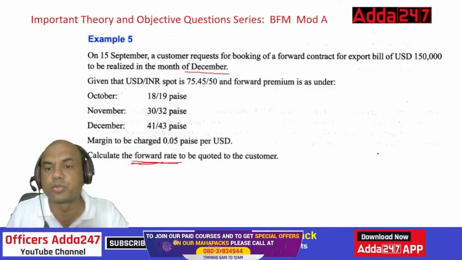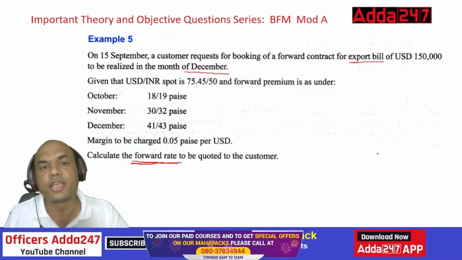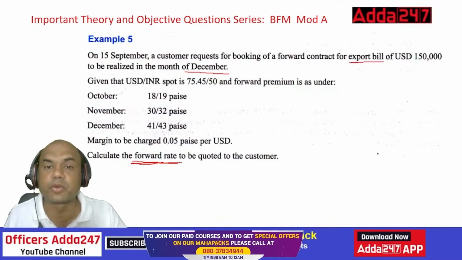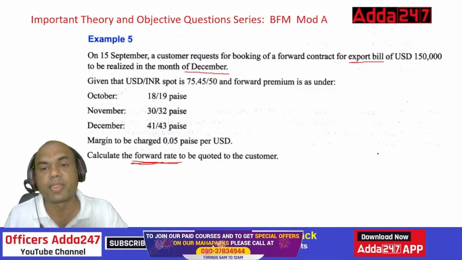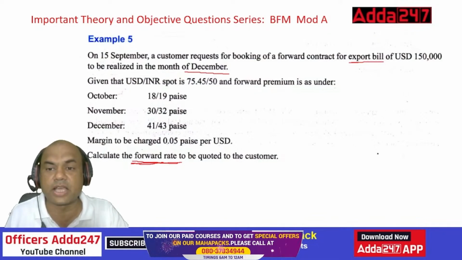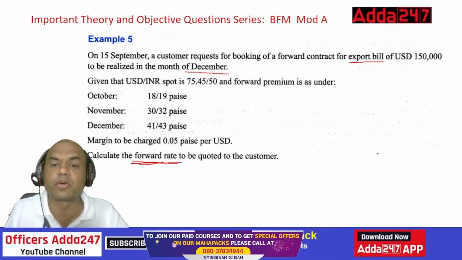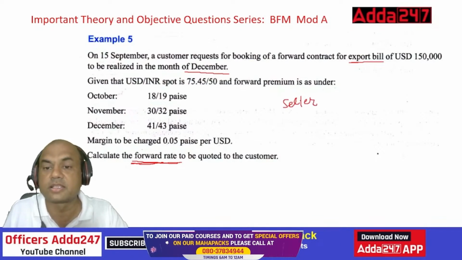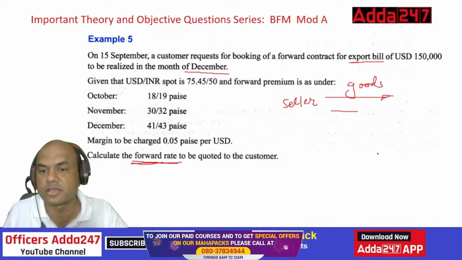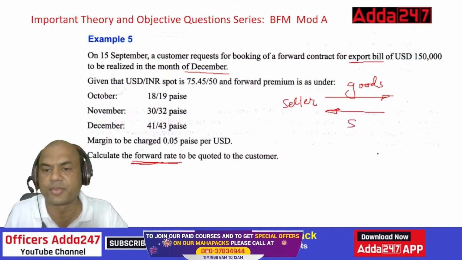It is an export bill. What do you mean by export bill? Export bill means somebody is exporting goods, and this person will get the payment. There is a seller, an exporter in India. This person sells the goods and gets the dollars. Dollars can be dollars or any other currency, mainly dollars.